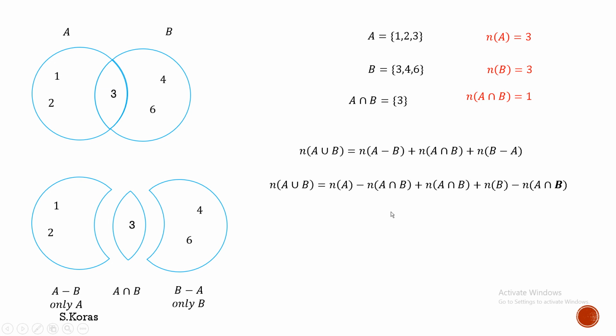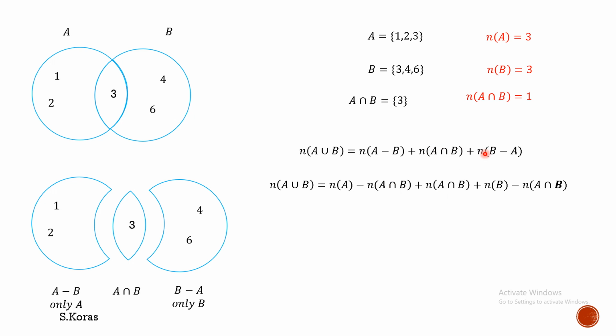Moreover, as we have studied, this n of A difference B can be written as n of A minus n of A intersection B. Use the shortcut: write the first set as it is, n of A, minus what is common to this set, n of A intersection B. And n of A intersection B is written as it is.